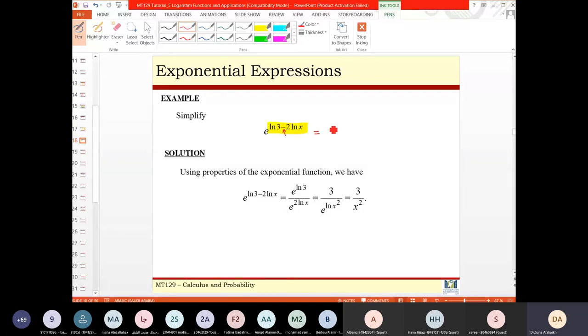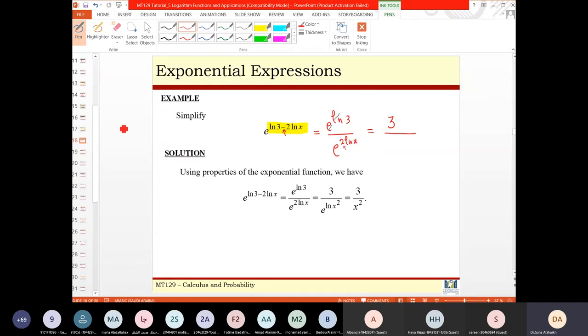So I can say this is e^(ln 3) divided by e^(2 ln x). Now when I have a direct touch between e and ln, they cancel each other, right? So I remain with 3. Here I cannot cancel because the 2 is making a problem.